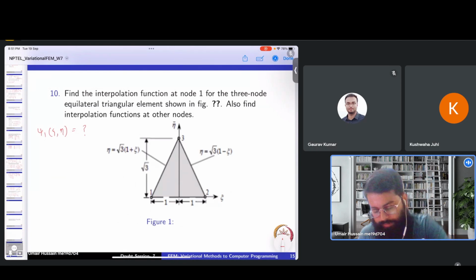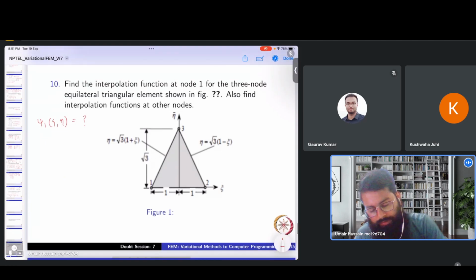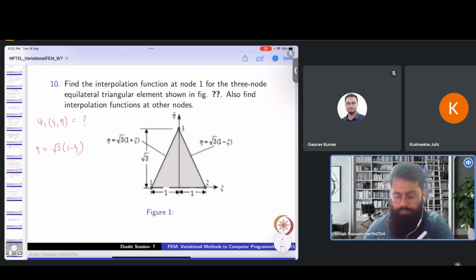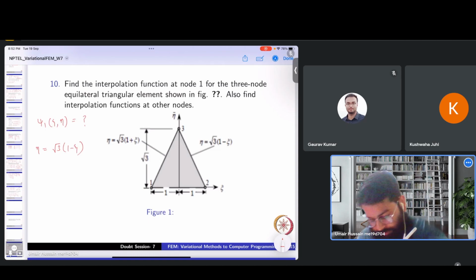Okay, so we'll start with the given equation of line 2, 3. This is the equation of this line. Suppose I define some function as this.